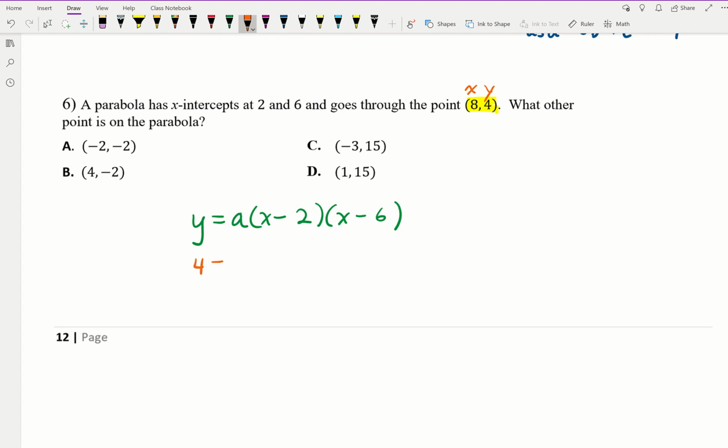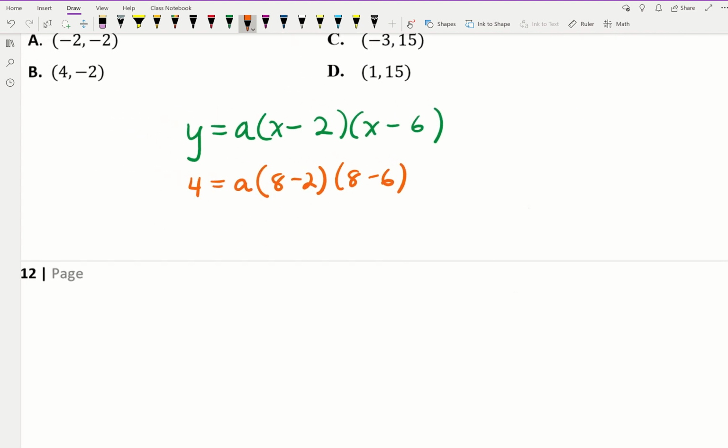So 4 is going to equal a times 8 minus 2 times 8 minus 6. Okay, so 4 went in for y, 8 went in for x. If I work to solve this, 8 minus 2 is 6, 8 minus 6 is 2, so 4 equals 12a. If I divide 4 by 12, that's going to reduce to 1/3.